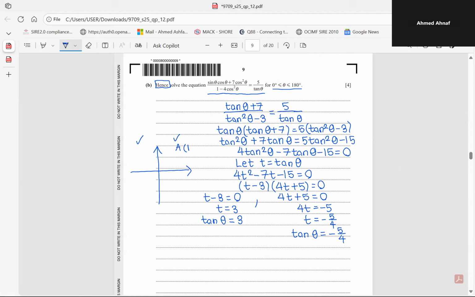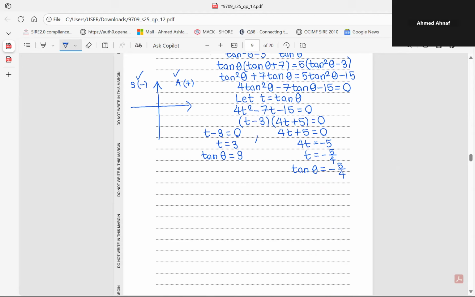So this is positive. And then the second quadrant is S, so only sine is positive, and tangent is negative. So this is a negative sign. Since we have both positive and negative values, we can take angles from both quadrants.